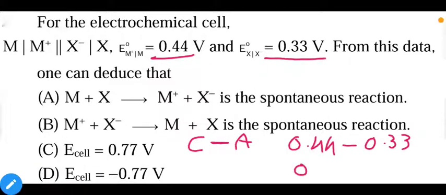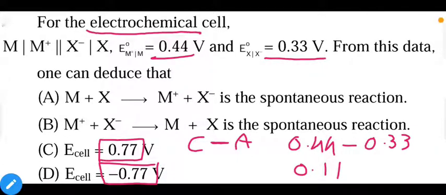So from this data we can say that it should be 0.11, not 0.77 or minus 0.77. And since an electrochemical cell is mentioned, it should be positive. If a negative cell potential is obtained, then it will be an electrolytic cell. The cell potential of electrochemical cells is always positive and that of electrolytic cells is negative because we obtain the reverse reaction by applying current.